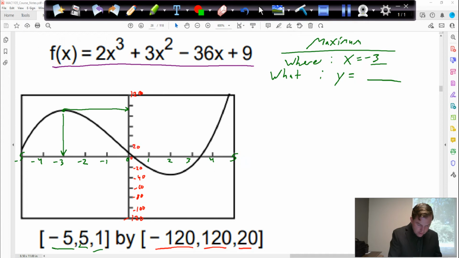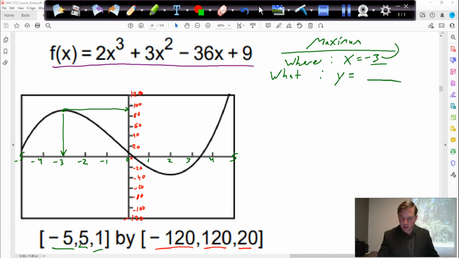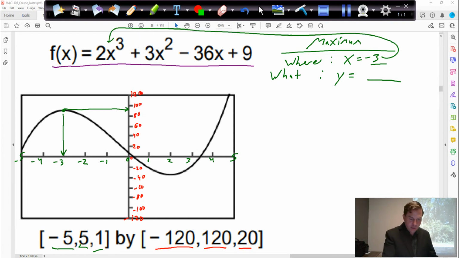And this is 20, 40, 60, 80, 100. So we're in between 100 and 80, but we're not sure exactly where it is. So to solve this, we have to take this -3 and plug it into each of these x's for the function. Because remember, this function is really the y value of the curve at any given point.